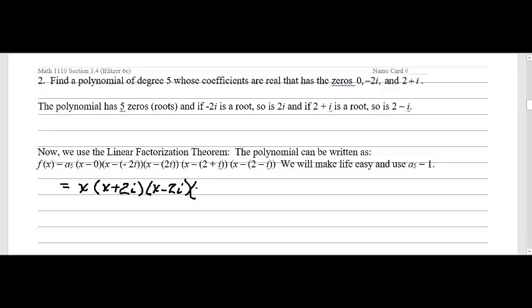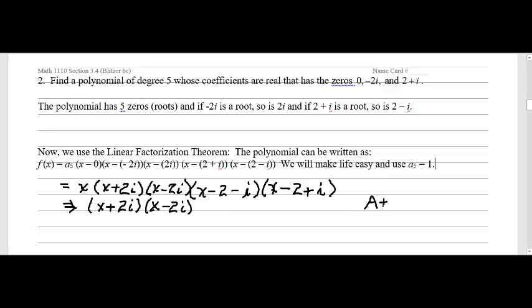And then we're going to simplify this factored form by replacing a5 with 1, which we can leave unwritten, and writing x minus 0 as x, x minus -2i as x plus 2i, x minus 2 plus i as x minus 2 minus i, and x minus 2 minus i as x minus 2 plus i. So we're just distributing the negative signs as appropriate.